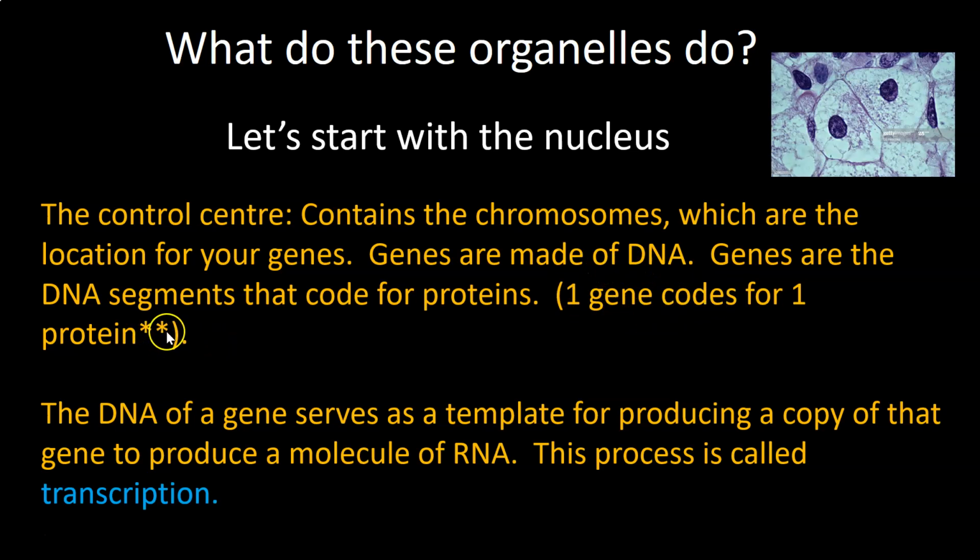There are two asterisks here. That just means it's not quite as simple as that. There are processes like alternative splicing and post-translational modifications that can give rise to diversity. So one gene doesn't necessarily give rise to one protein.